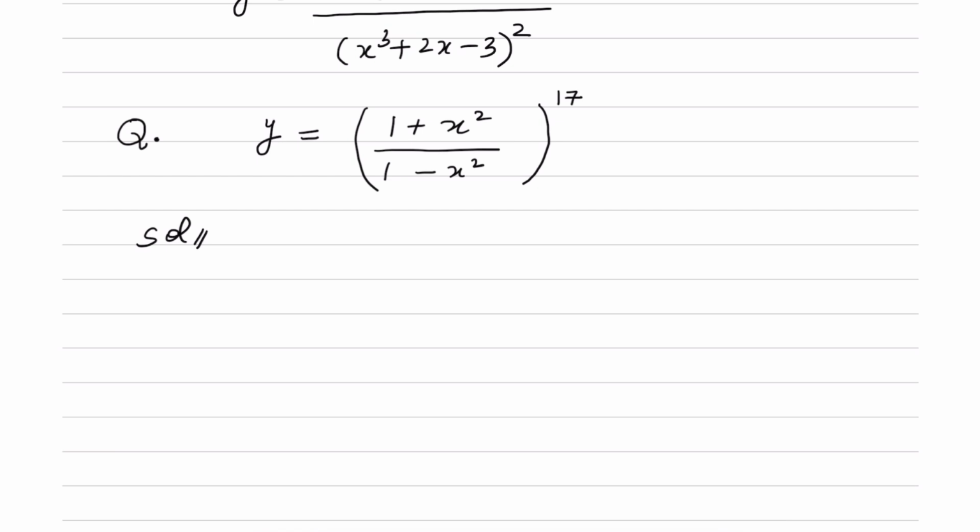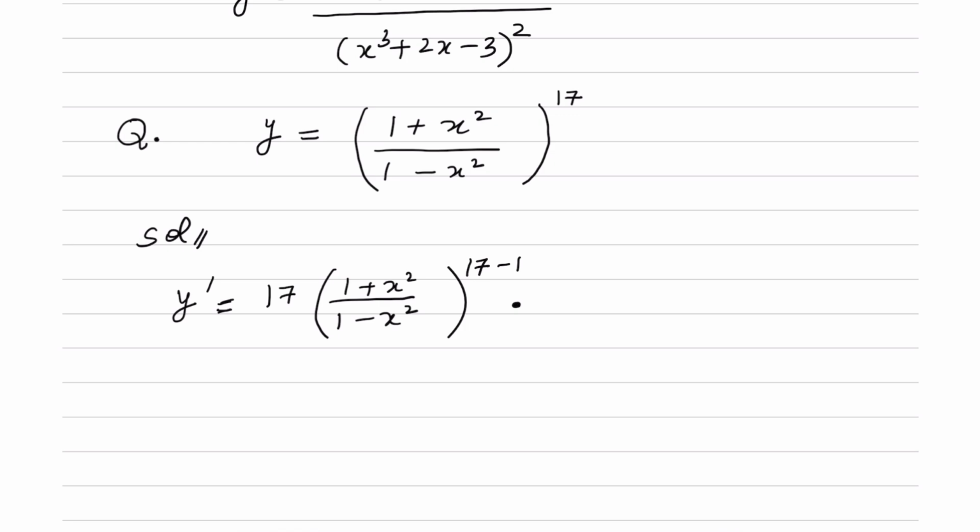So whenever there is the whole power, the first rule of derivative that you will apply is the power rule. Since the whole power is 17, when we apply the power rule, the power comes on the side, whatever is the expression inside the power as it is, 1 plus x square over 1 minus x square, to the power 17 minus 1. We have applied the power rule here.